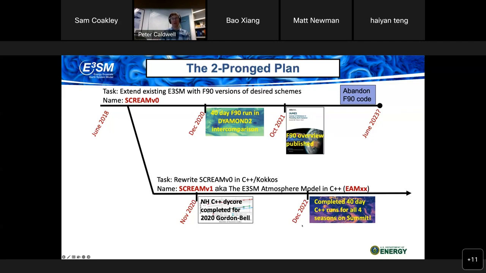We finished that effort towards the end of this last year, so just a couple of months ago. And we were able to do 4 40-day simulations on the Summit supercomputer just in the last month or in the month of December. And so an interesting statistic is we were running at about 4 simulated days per day with the old Fortran code.